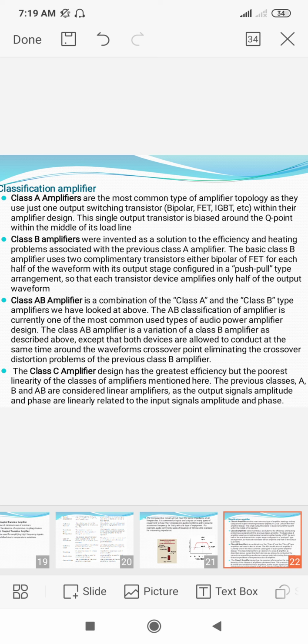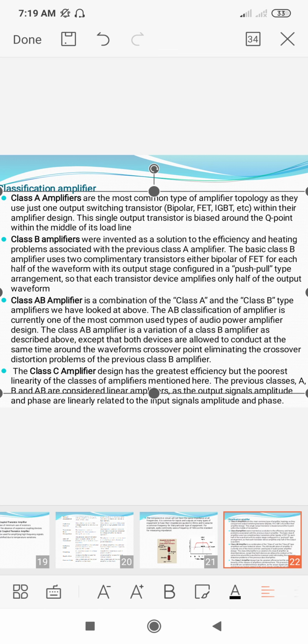When we discuss class A amplifiers, they are the most common type of amplifier topology, as they use just one output switching transistor, like bipolar, FET, IGBT, etc., within their amplifier designs. The single output transistor is biased around the Q point. The Q point is the operating point within the middle of its load line.